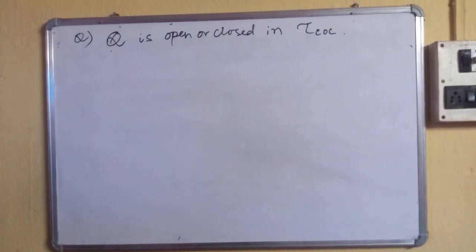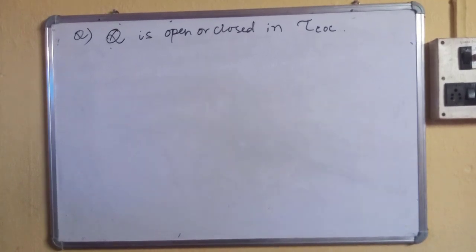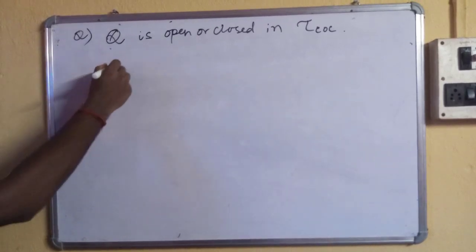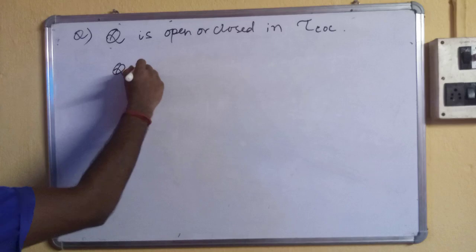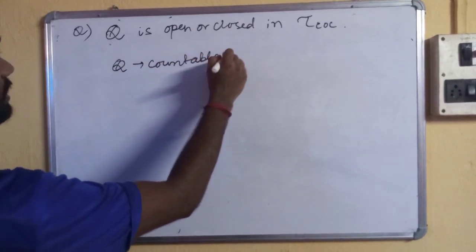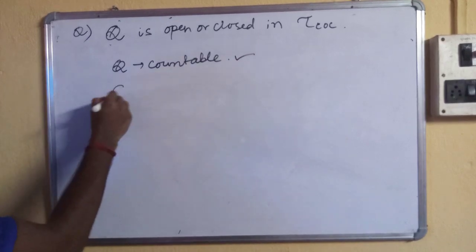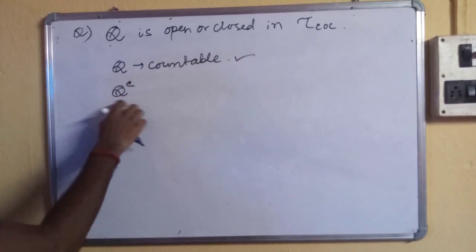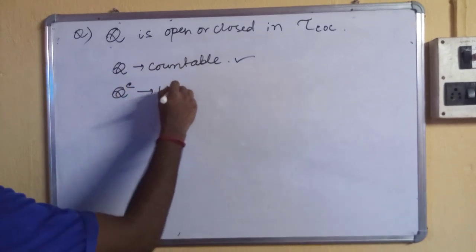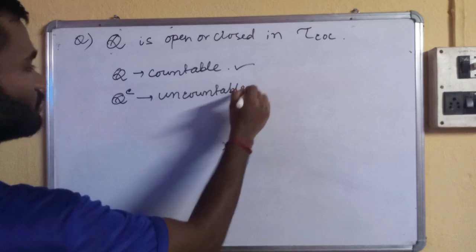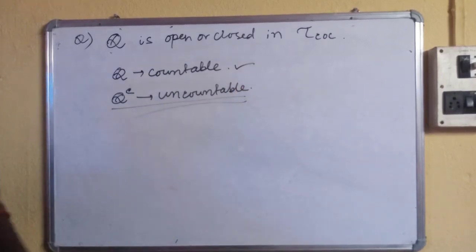Now, co-countable topology is defined on the set of real numbers R. Here Q is countable, and Q complement, that is the set of irrational numbers, is uncountable.